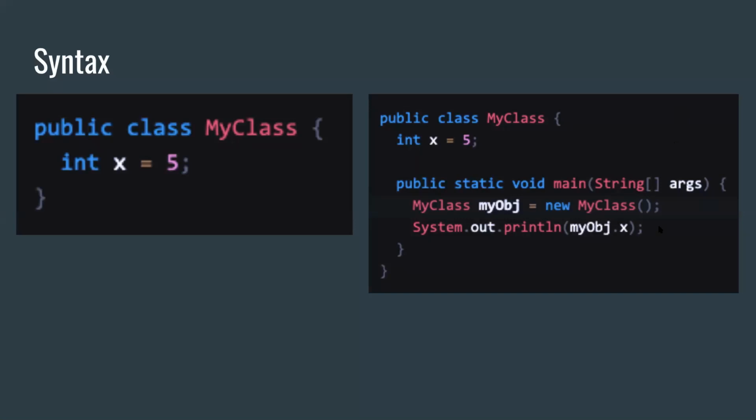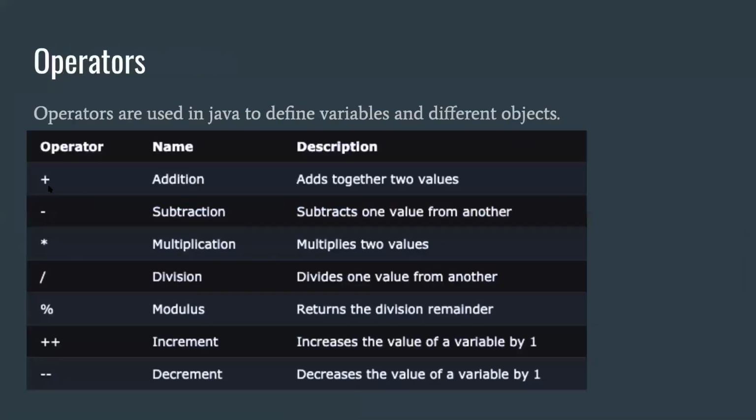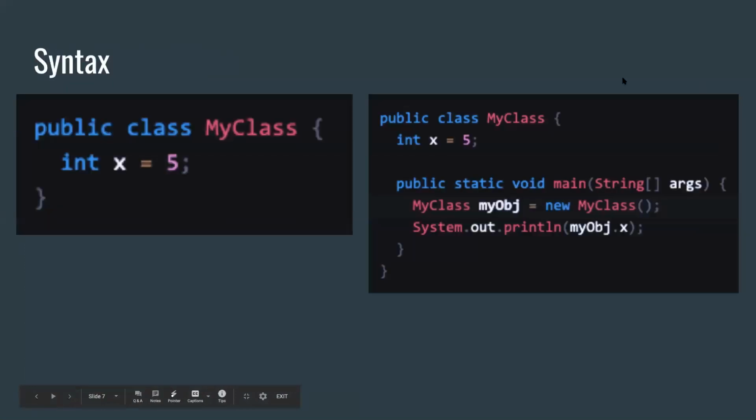Okay, so let me explain it. Again, you guys remember that my class integer x equals 5. So when you create a class and you create an object, what happens to the variables in the class? Can somebody answer that?